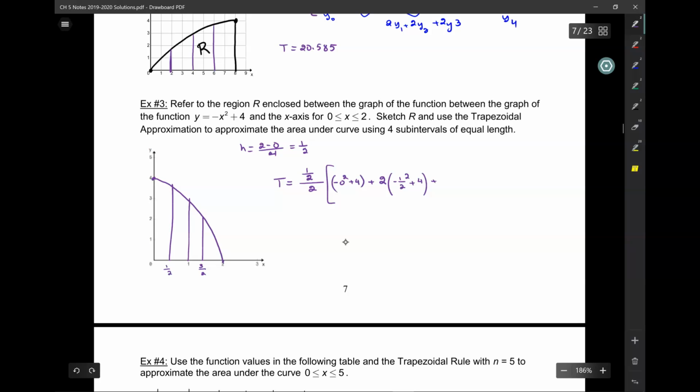And then 2 times the function evaluated at 1, negative 1 squared plus 4. 2 times negative 3 over 2 squared plus 4. And then 1 evaluated at 2. Okay. And all that is 5.25.